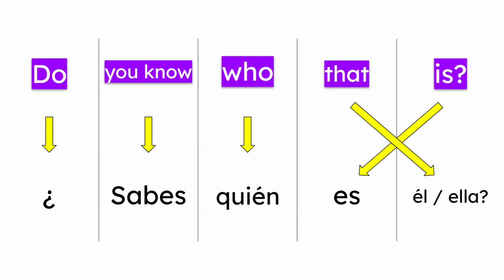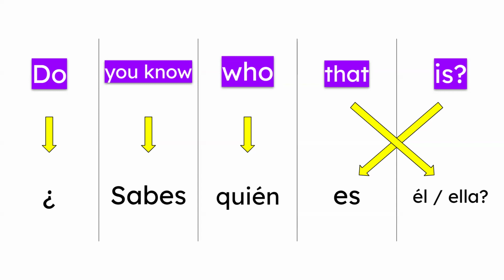So, in short, the structure goes, do you know what, who, where, how, etc. followed by the verb at the end of the question. And in Spanish, that equals sabes, quién, cuándo, cómo, dónde, the verb, and at the end of the sentence, the person or the subject.